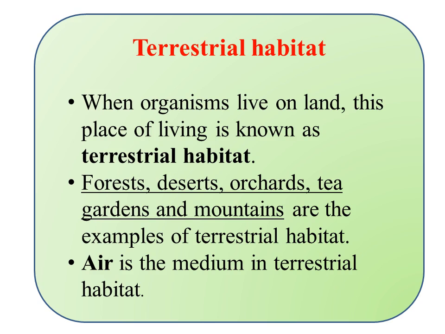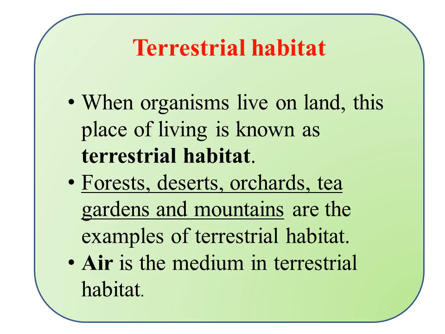Okay. Now let's see what terrestrial habitat is in more detail. When an organism lives on land, this place of living is known as terrestrial habitat. Actually, what are the terrestrial habitats? Mainly forest, desert, orchards, tea gardens, mountains are examples of terrestrial habitats. What is the main medium of terrestrial habitat?